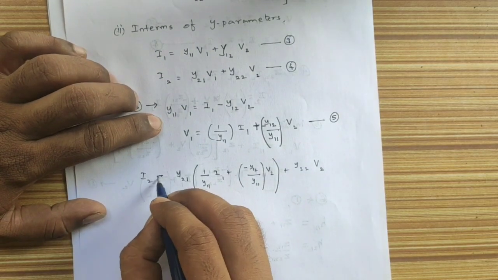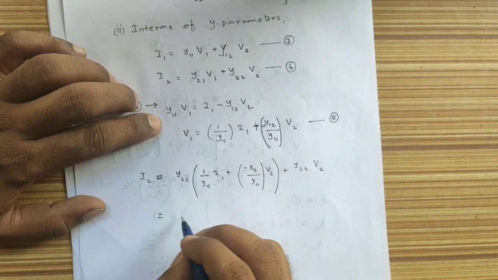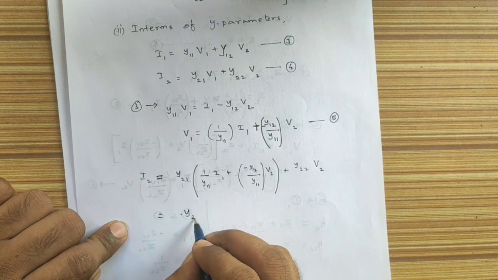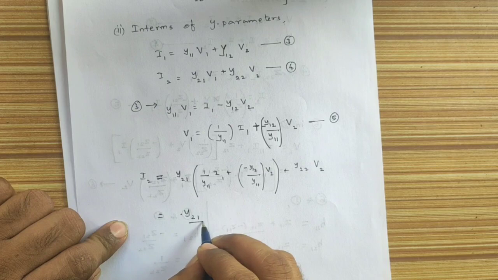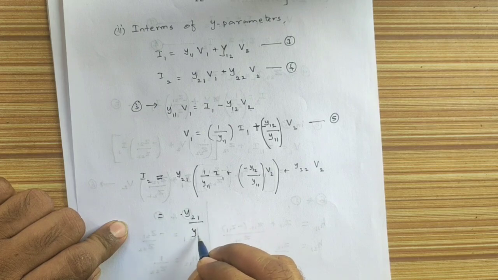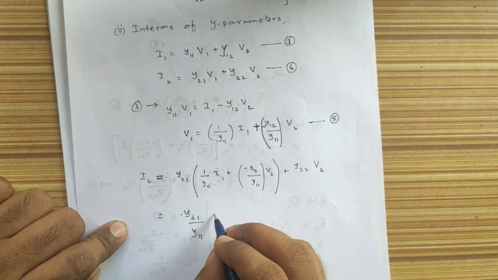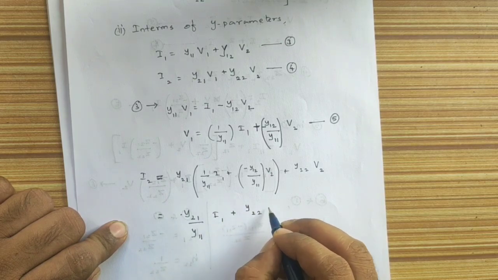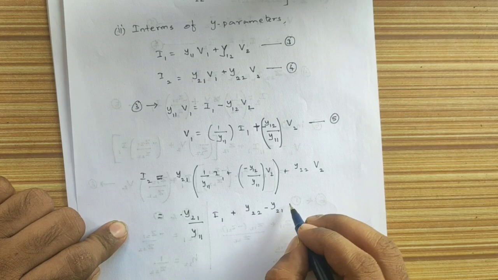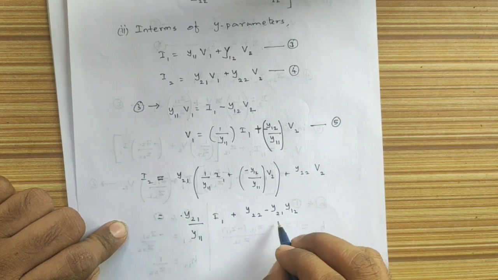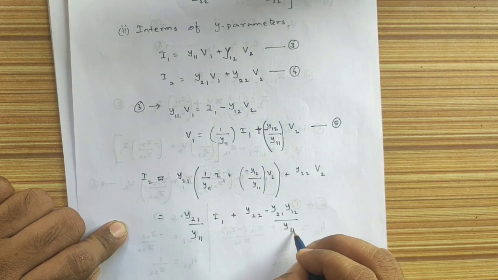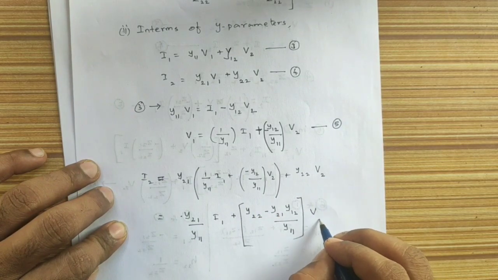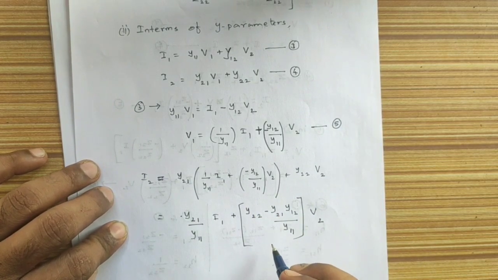If I modify this equation, I will get Y21 divided by Y11 of I1 plus Y22 minus Y21 Y12 whole divided by Y11. This is the coefficient of V2.